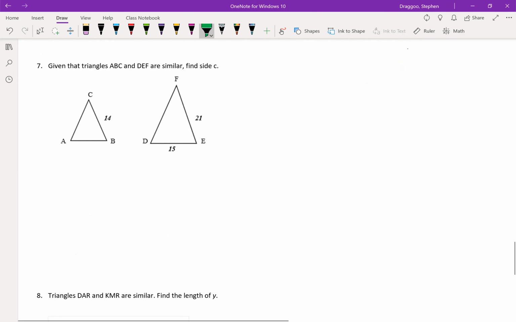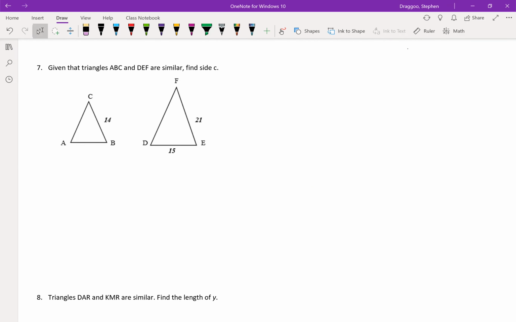Right. In problem 7 and 8, we'll look at similar triangles. So if we have similar triangles, let's look at how things should be labeled.